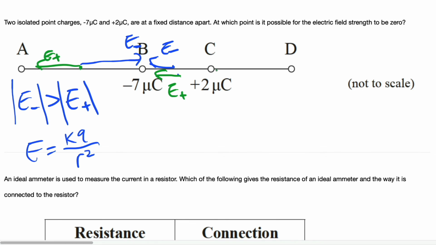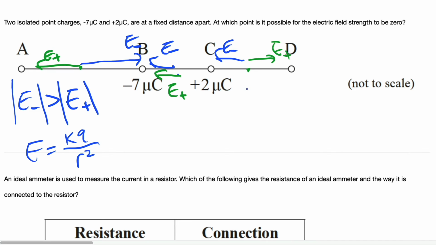What about any point between C and D? We know that the electric field by the positive charge points outward, so rightward, and by the negative charge it will point leftward, right? Because it radiates inward.